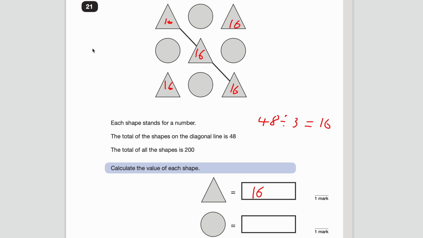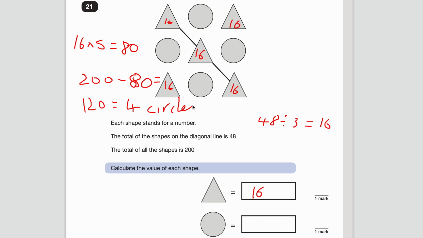We actually did that sum earlier, I remember that. 16 multiplied by 5 is 80. So if we subtract all the triangles, 200 is the total, take away all of these triangles, that's 80. We know that the circles must be worth 200 subtract 80, 120. However, that's 4 circles. 120 equals 4 circles, just so I don't forget.